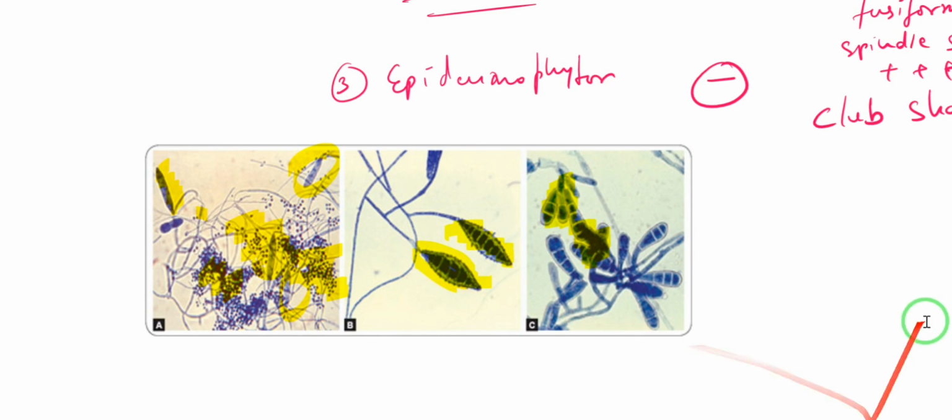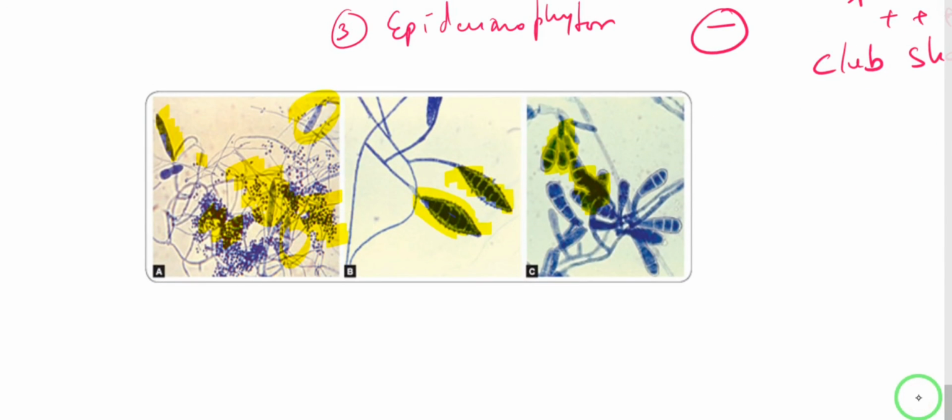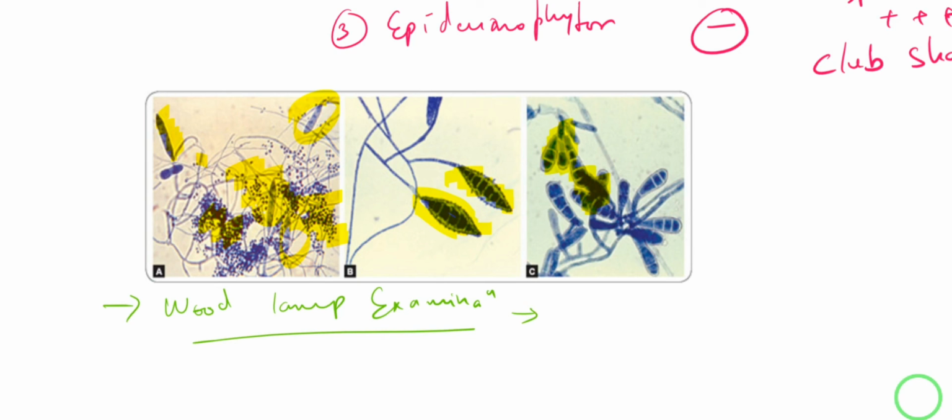We can do Wood's lamp examination. Now what is Wood's lamp? We have already discussed Wood's lamp. In case of tinea versicolor, we were seeing the lesions of the patient under Wood's lamp, right? And they were showing golden yellow fluorescence. In case of species of Microsporum and Trichophyton schoenleinii, we also do Wood's lamp examination, and fluorescence is produced due to the pteridine pigment present in the cell wall of the fungi.